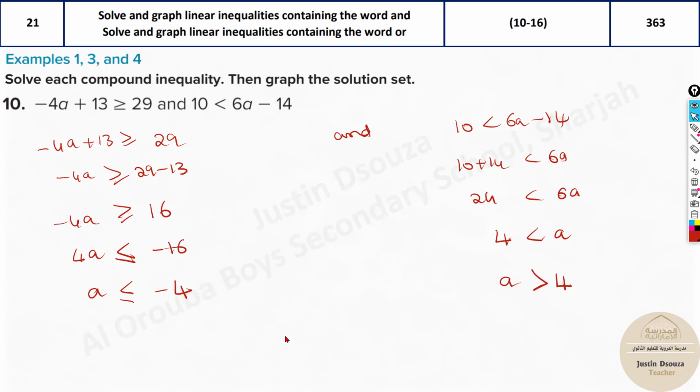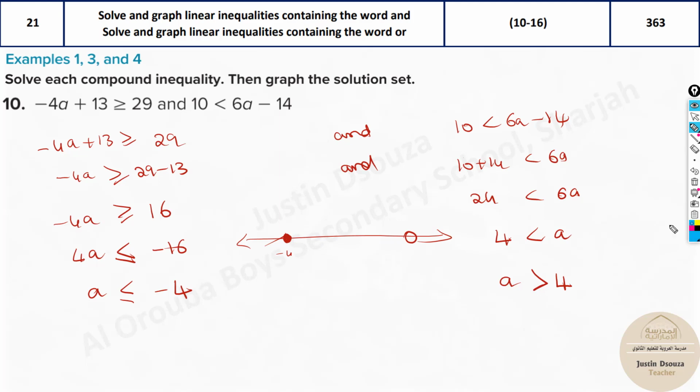Now if you look carefully, if you draw the solution set, what is it? This is "and". See, for "and", we must always have the solution set something like this. Now, since it's an inequality, let's have minus 4 somewhere over here. This is less than or equal to, so it's a point. And 4 is somewhere over here. It's a hole. It must be within this range.